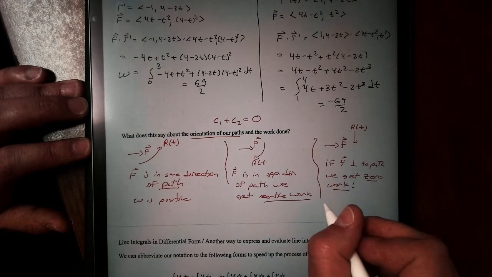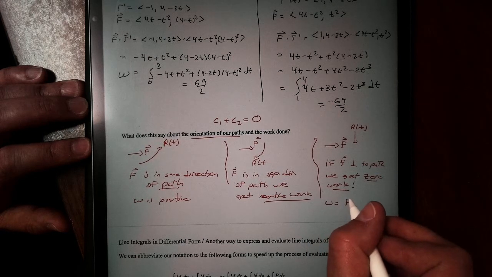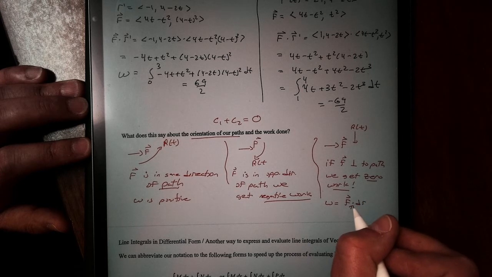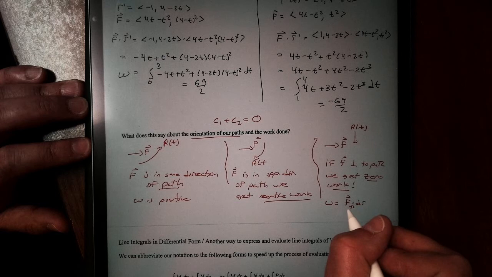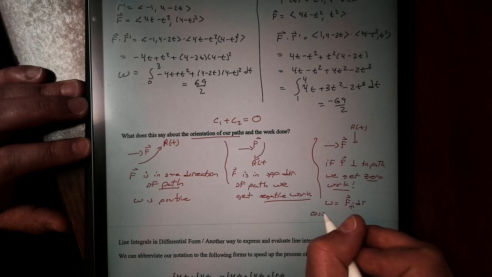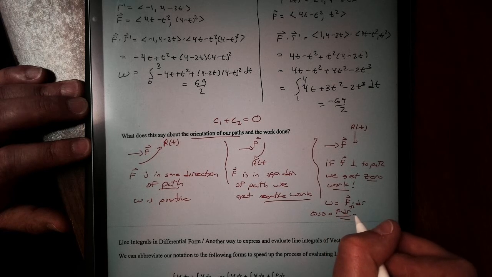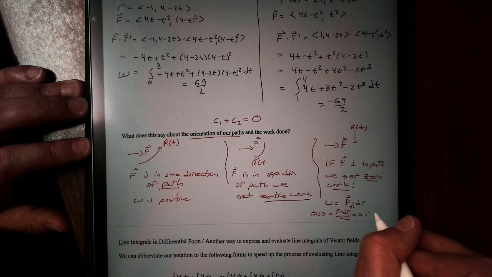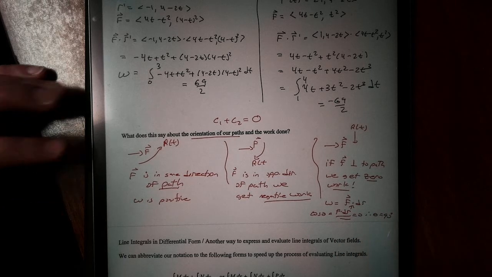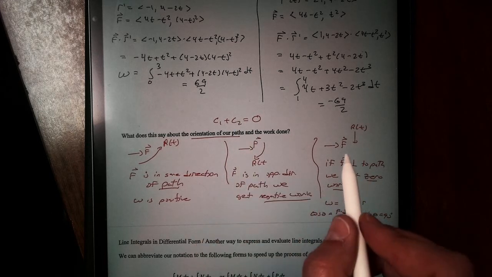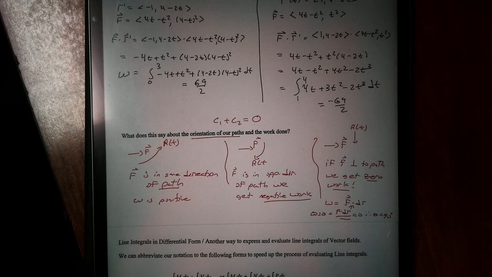Remember, work is the dot product of our vector field dotted with our displacement vector. And from earlier this year, we learned how to get the cosine of the angle. We had something on the bottom, but on the top, it was a dot product. And if that was zero, we know theta has to be 90 degrees. So if our work is zero, we know that our force is perpendicular to our path.